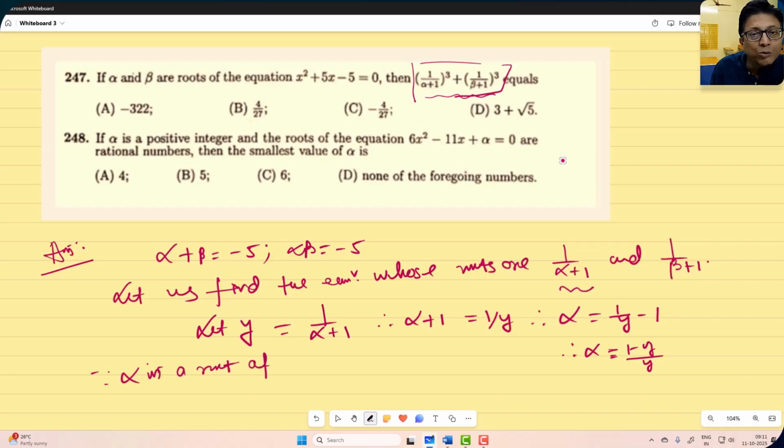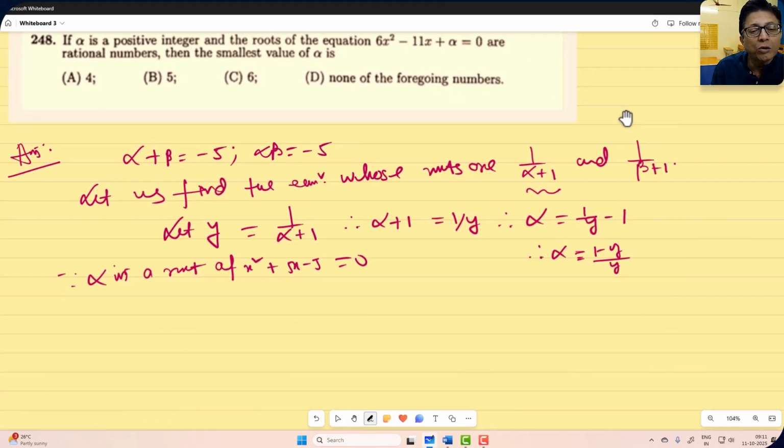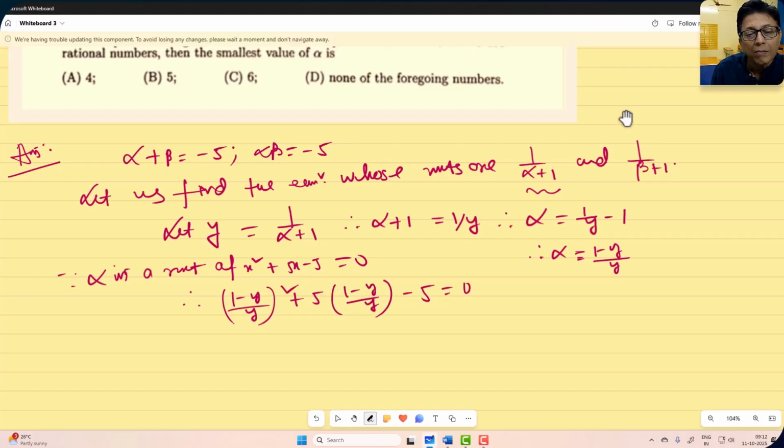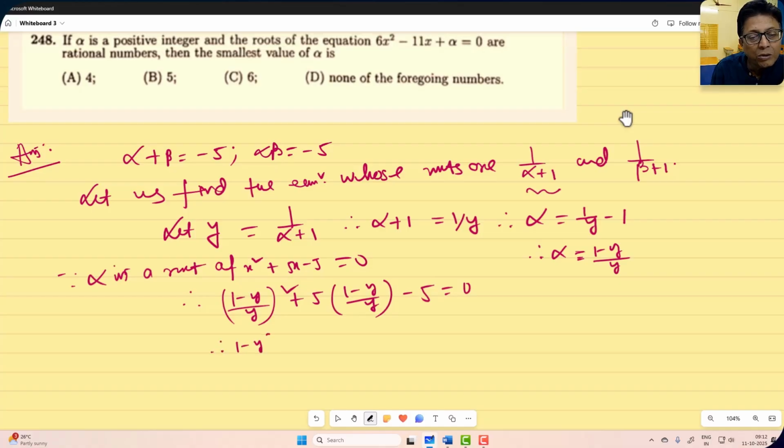Since alpha is a root of x square plus 5x minus 5 equal to 0, therefore we put it there: ((1 minus y) by y) square plus 5 ((1 minus y) by y) minus 5 equal to 0. Therefore (1 minus y) whole square plus 5y(1 minus y) minus 5y square equal to 0.